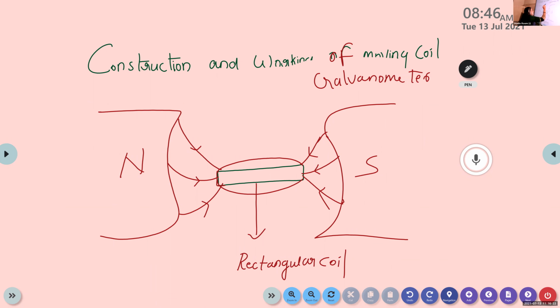So now the working of moving coil galvanometer. Okay. When a current I is passing through the rectangular coil, all of you write the next sentence.